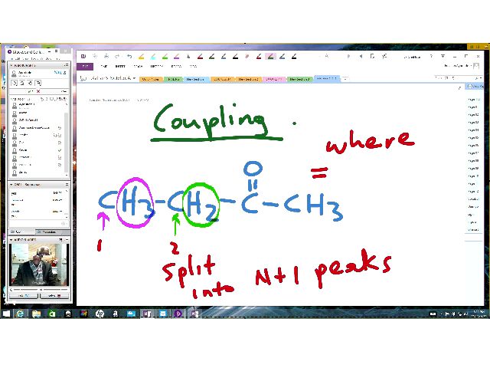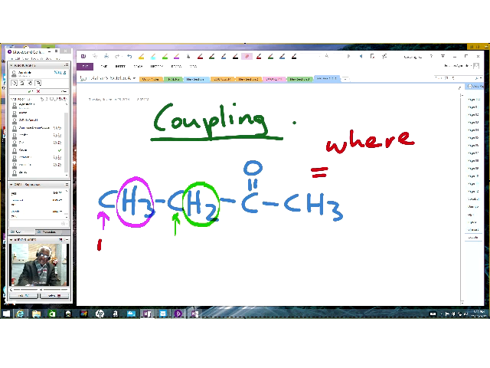And therefore, what does that exactly mean? If I look for the signal of the hydrogens on carbon number 1, the signal will look like this.